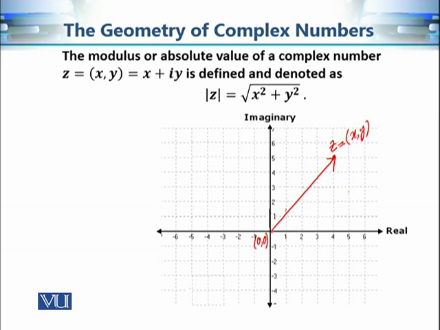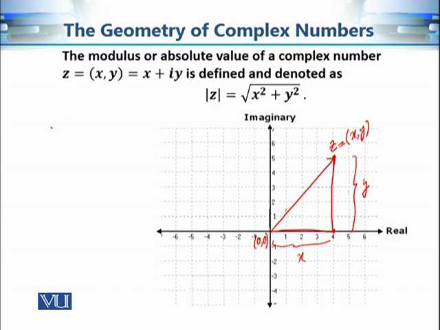Here x is basically this length and y is basically this length, because if I want to reach this point, then I have to travel x units along the real axis and y units along the imaginary axis. So this length is basically x and this length is basically y.